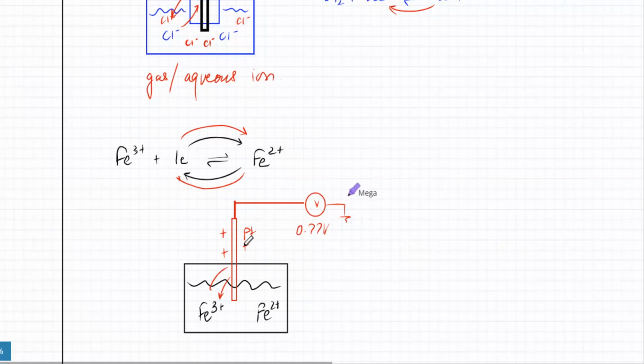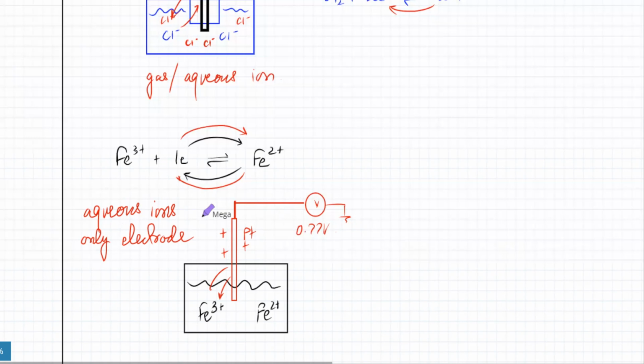So this is an aqueous ions only electrode.